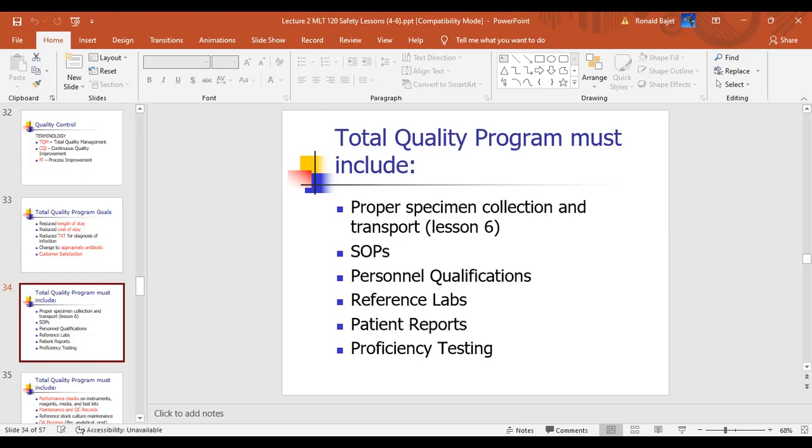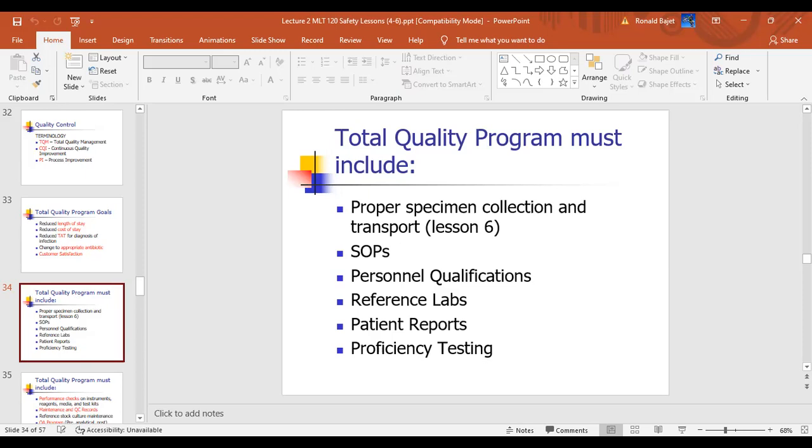Reference laboratories that you send your specimens to must be adequately accredited, and patient reports need to be easily readable. And you have to be on a proficiency testing program, like doing CAP surveys periodically. Inspectors look especially at proficiency testing to see if your scores are 100% or 80%, and if not, you have to have corrective action documentation.